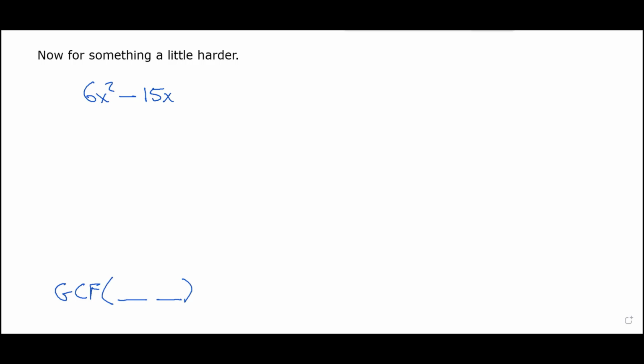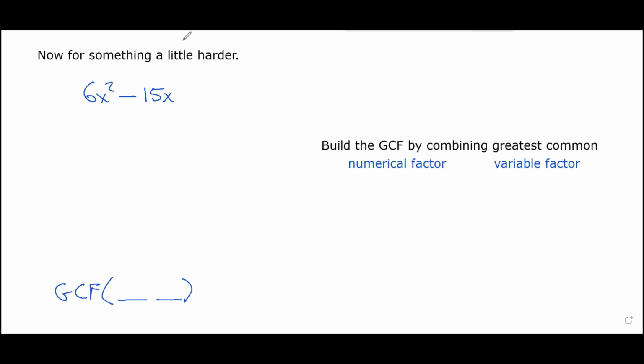Once again, we're going to build our GCF by finding the greatest common numerical factor and the greatest common variable factor. Let's find the greatest common numerical factor by looking at the coefficients of each term, 6 and 15. I like to start with the smaller number and find some possible factorizations. 6 is 1 times 6, and also 2 times 3.